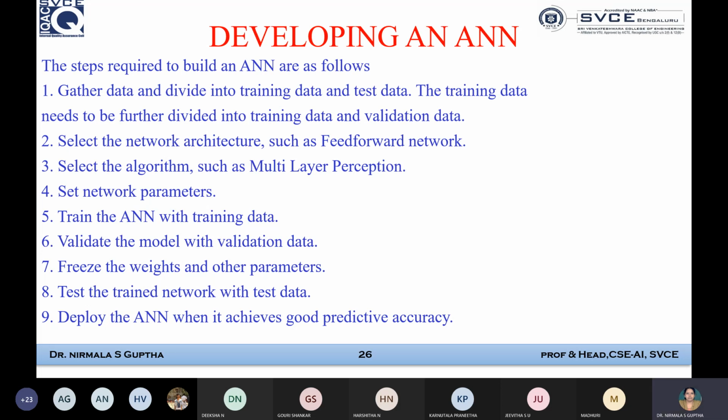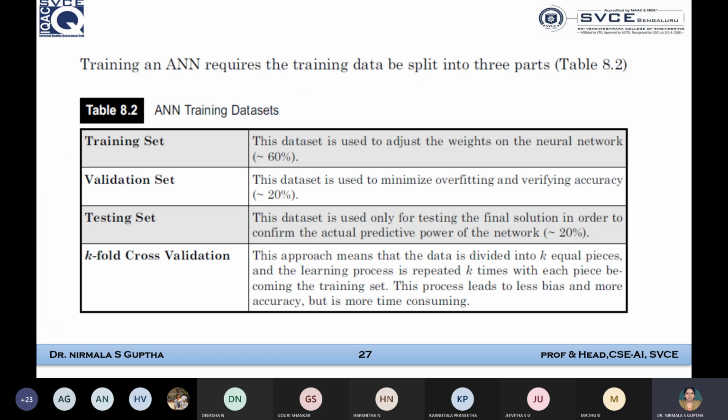Similarly, testing set also we get, and we get one more thing called the k-fold cross validation data. So that is given here. Training an artificial neural network requires the data to be split into 3 parts: training set, validation set, and testing set.